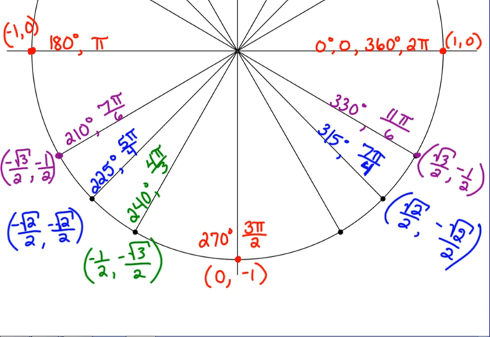All right, and in the fourth quadrant, we are 60 degrees short of 360, so we're at 300. We're 1/3 short of 2, so 5/3, 5 pi over 3. This would be positive 1/2, negative square root 3 over 2.